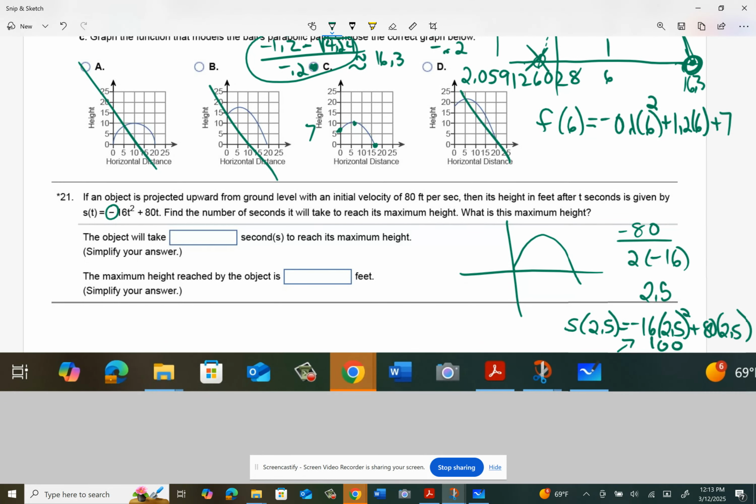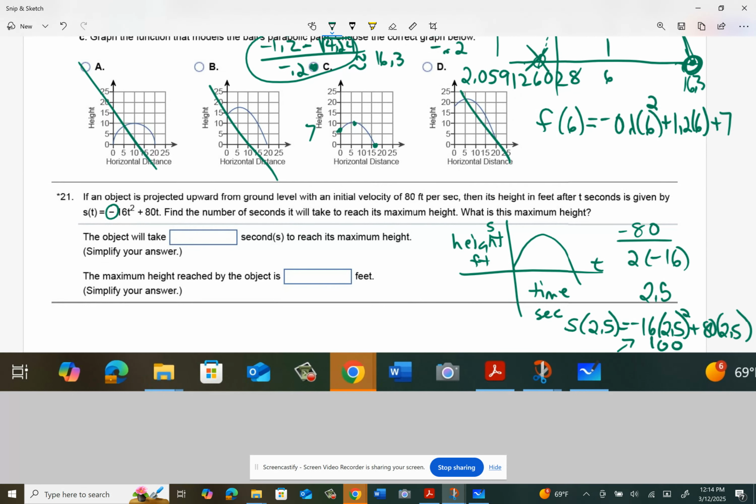Okay, so then you got to make sure you answer the question correctly. So you have to think a little bit about the setup here. So the t is like the x, and the s is like the y. So this is the number of seconds, the time in seconds is here, and then this is the height in feet.